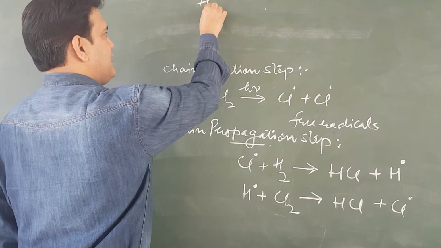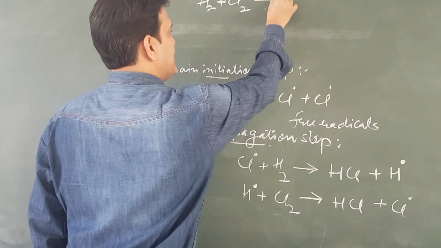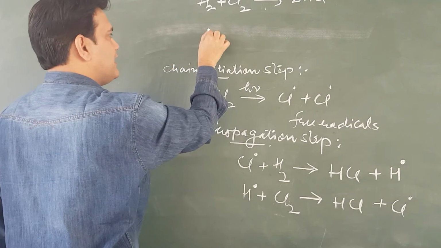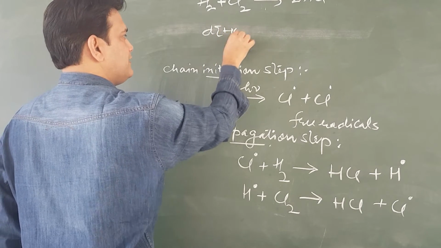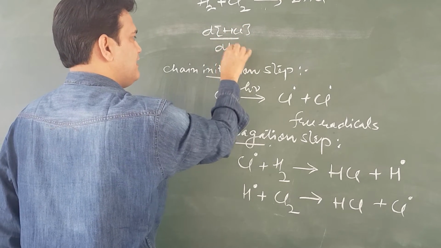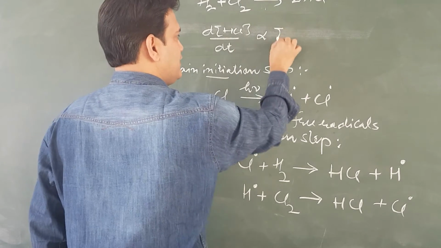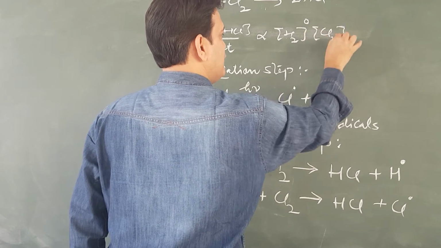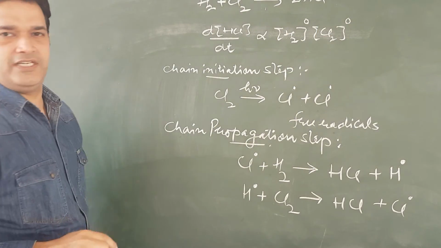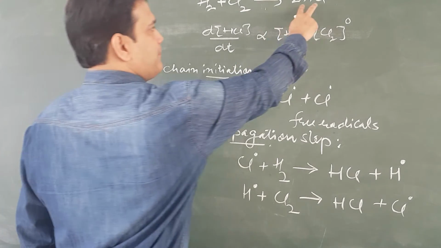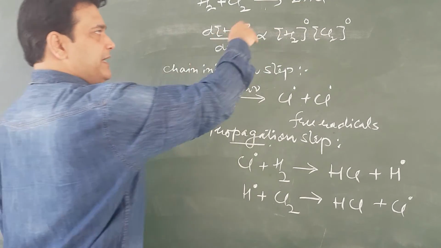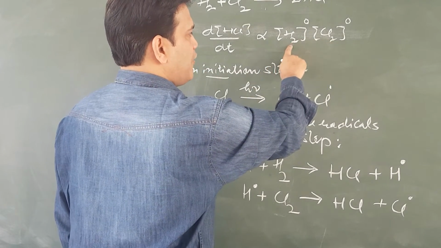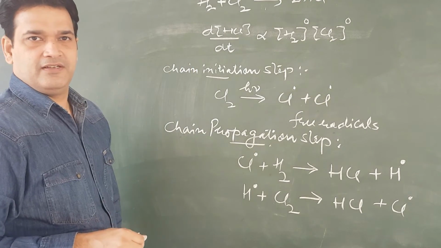In the reaction H2 plus Cl2 giving 2HCl, the rate of formation of HCl is directly proportional to H2 concentration raised to the power 0, Cl2 concentration raised to the power 0. It means the speed of formation of HCl does not depend on the concentrations of hydrogen or chlorine.